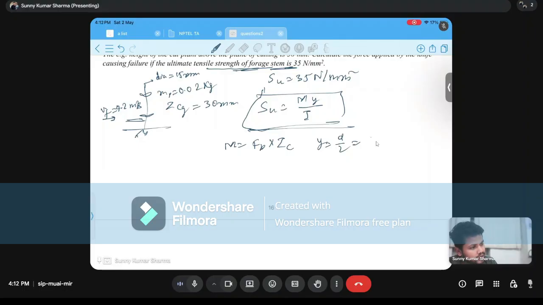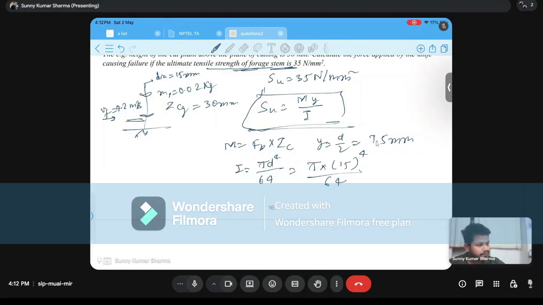So D by 2 is equal to 7.5 mm. And I is the moment of inertia, which for circular section is pi d 4 by 64. So it will become pi into diameter 15 mm to the power 4 by 64.